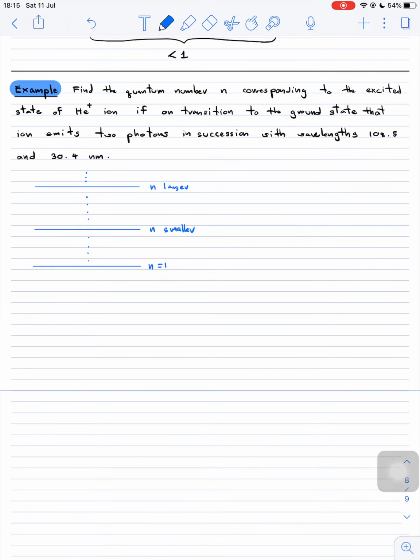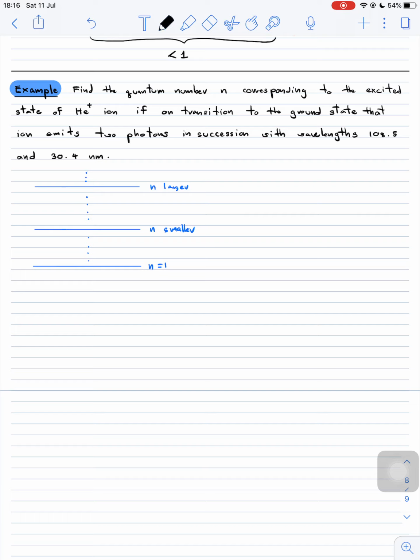So let's say we have an electron at this state, and it wants to transition to the ground state. We have many options, so we can go just from n larger to n equal to 1. That's possible. But in this question, it says that 2 photons are emitted.